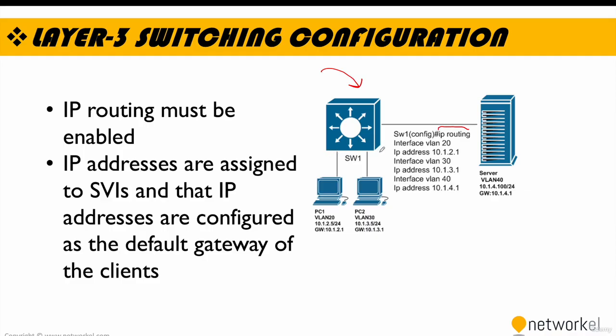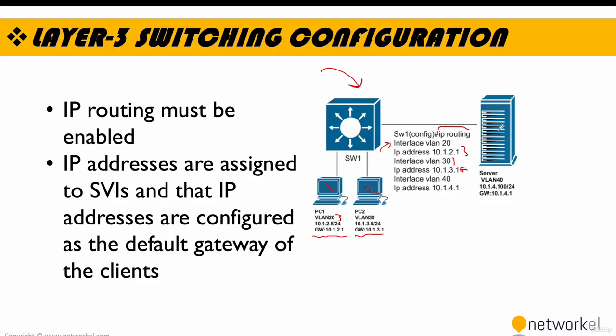For example, interface VLAN 20, and I am assigning the IP address for VLAN 20, which is the gateway for PC1. Then I open VLAN 30, and that is the gateway IP address that I am assigning to this SVI interface for PC2's gateway.